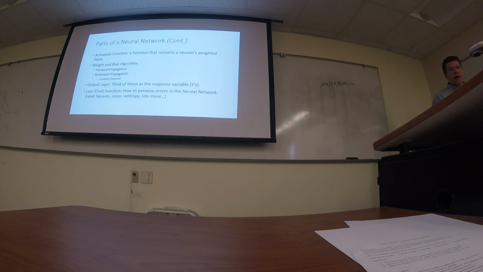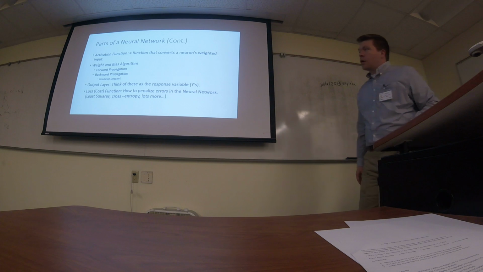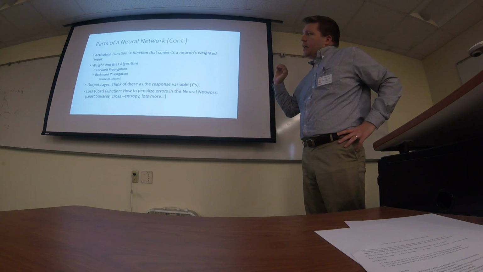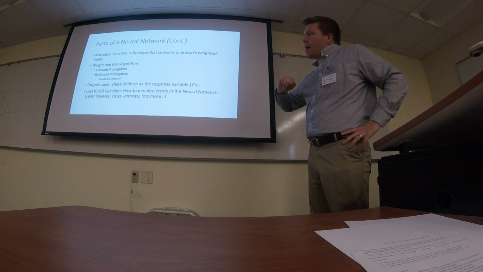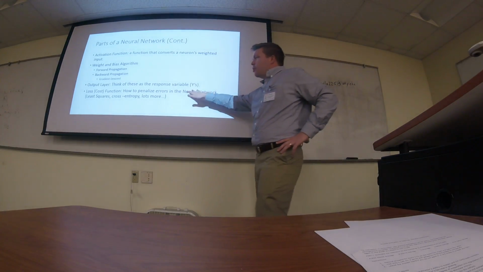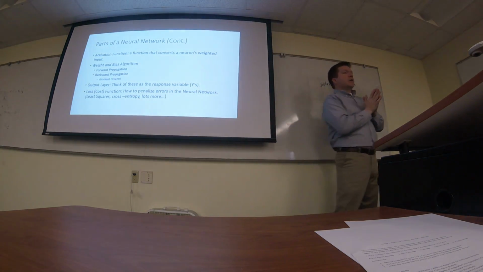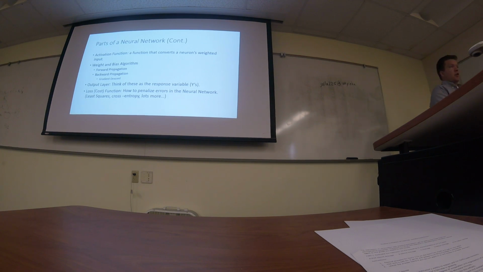There's also a thing that is useful in the determination of the weights and biases. That's called a loss function. And that loss function you can think of like least squares. It's trying to minimize that loss. It's trying to make sure that the errors within the model are small, so that our predictions are accurate. Right?